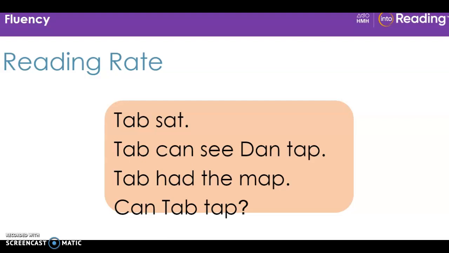Tab. Sat. Tab. Can. See. Dan. Tap. Did it sound like I was reading with a smooth, regular rate?